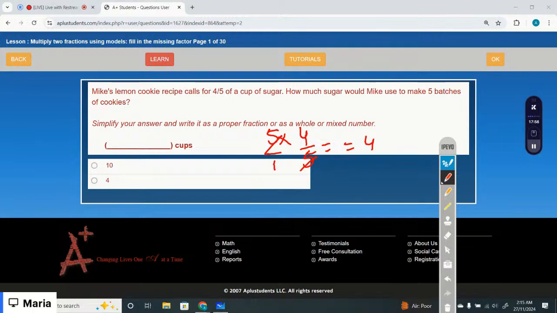Why don't you guys use your notebook and pencil? Just keep guessing the answers. Math is not about guessing, math is about practicing.